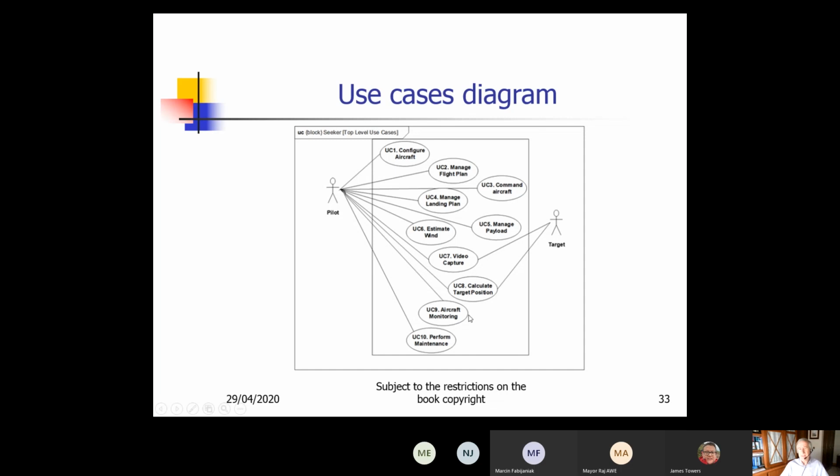So this use case is related with monitoring the aircraft position, the aircraft battery, and the aircraft health. Also, when the aircraft has landed, we perform maintenance on the aircraft.